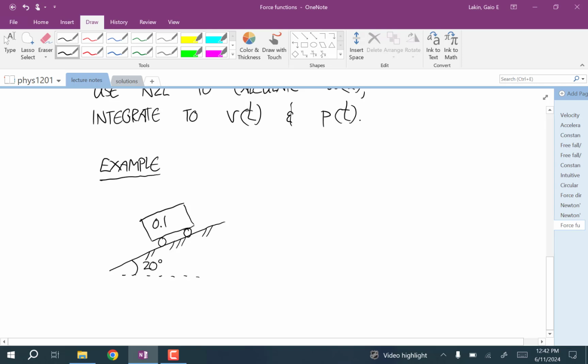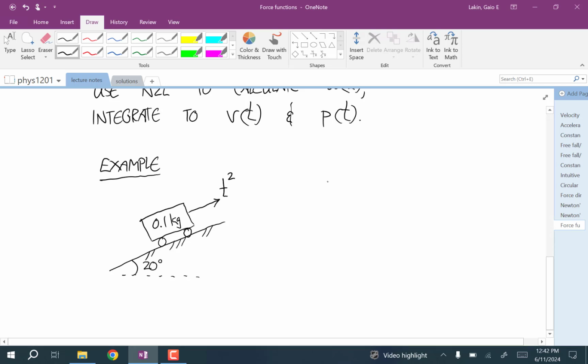And we have a mass of 0.1 kilograms. And there's a force applied in this direction, and that force is determined by the function t squared. Okay.